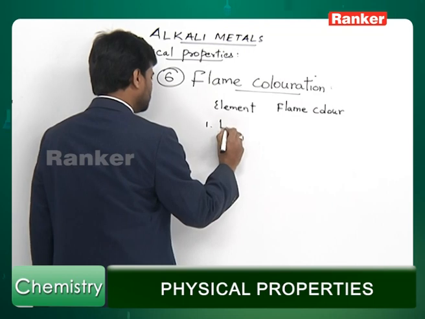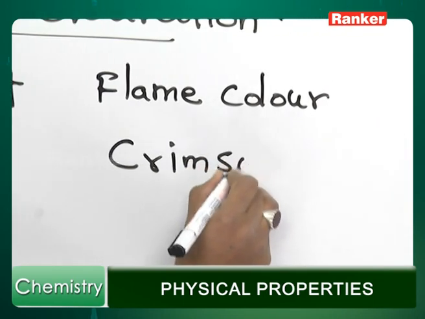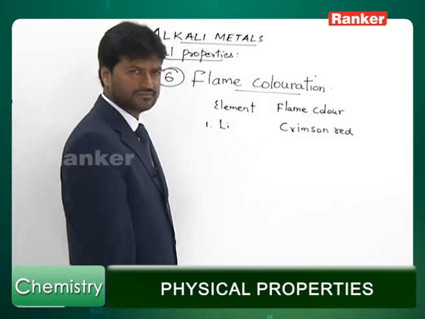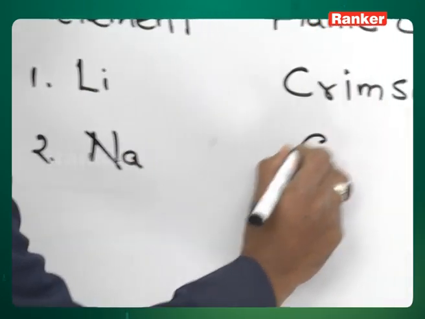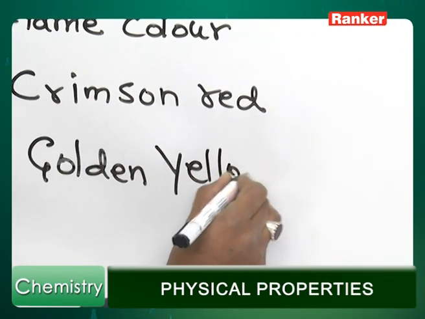Number 1 in the list is lithium. The color produced by lithium is crimson red. Sodium produces golden yellow color.